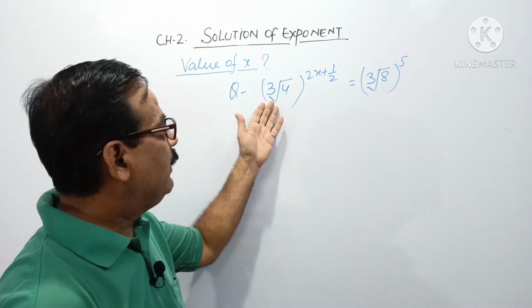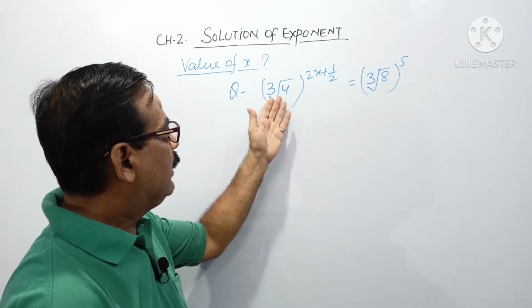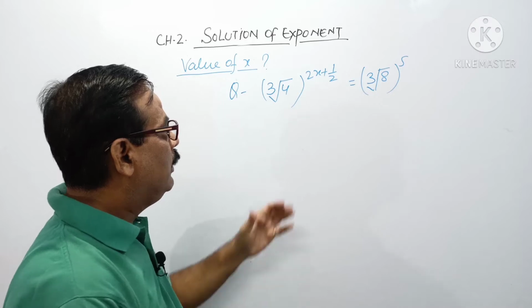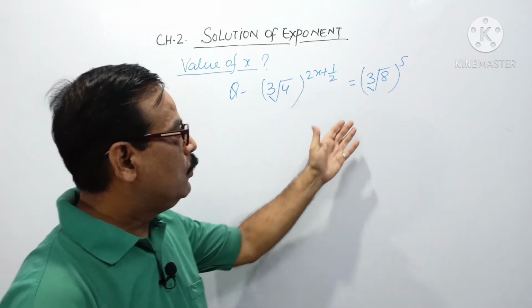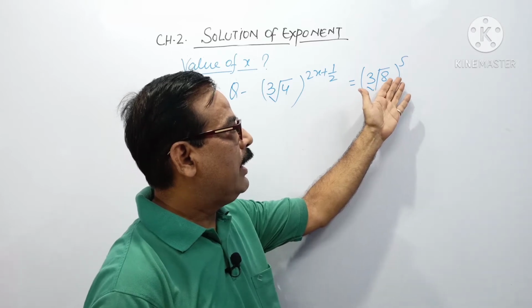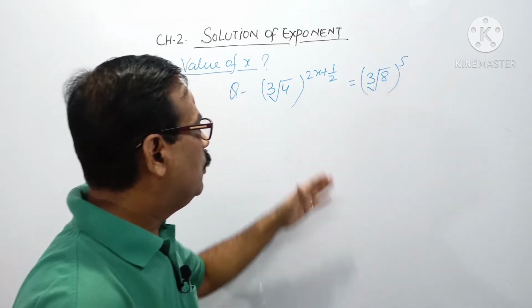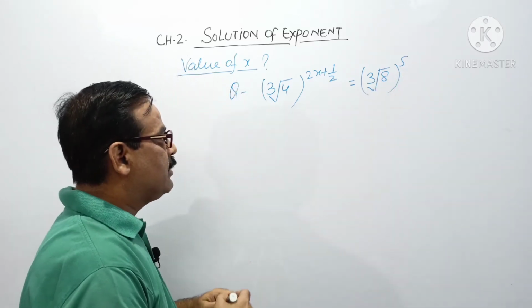Now in my next question, here is the cube root of 4 to power 2x plus 1 by 2, which is equal to the cube root of 8 to power 5. So we are going to solve this question.